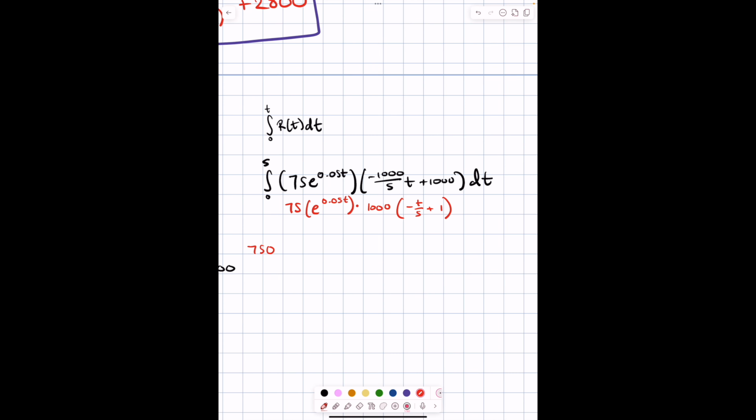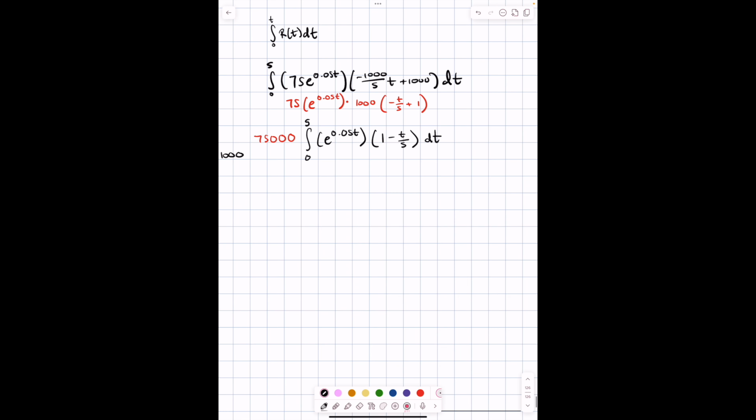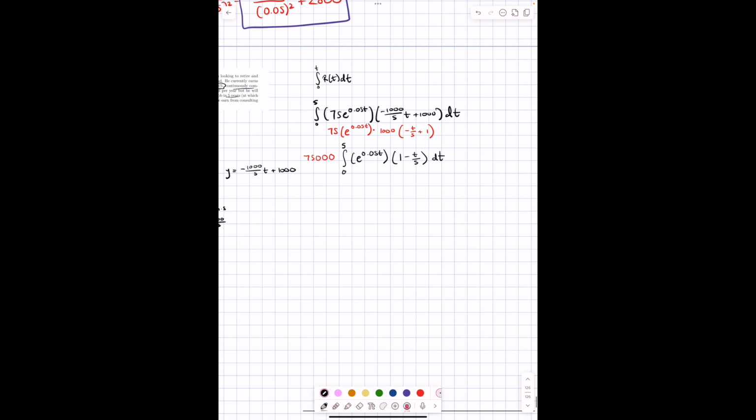But now this is what we do to take all the constants out to make the integral smaller numbers. This is the final integral that you have to evaluate: 1 minus t over 5, dt.